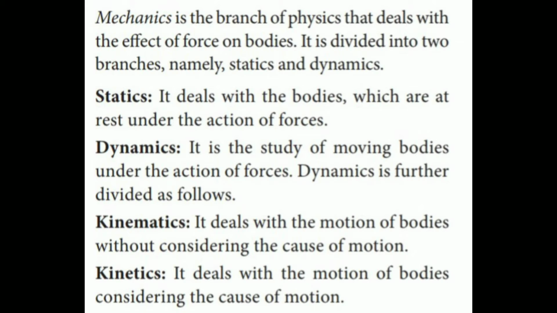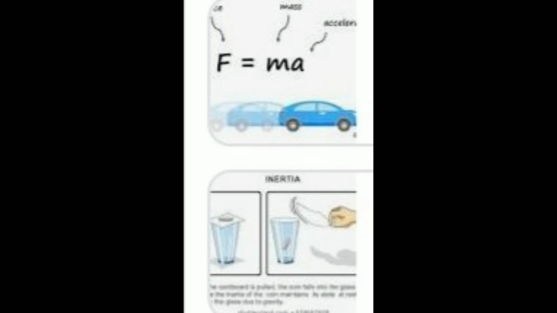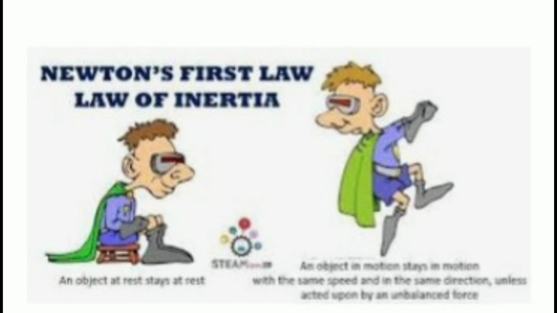Dynamics is the study of moving bodies under the action of forces. Dynamics is further divided into kinematics and kinetics. Kinematics deals with the motion of a body without considering the cause of motion. Kinetics deals with the motion of bodies considering the cause of motion.